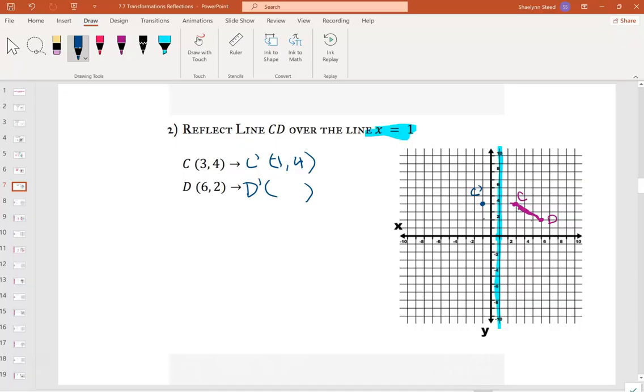So we want to go 1, 2, 3, 4, 5 to the left. So this is D prime. So D prime is now at -4, 2. So again, the x value changed, but the y value didn't. And you'll notice that the x value didn't just switch signs, it actually changed. So you do need to pay close attention when the line is not one of the ones with rules.